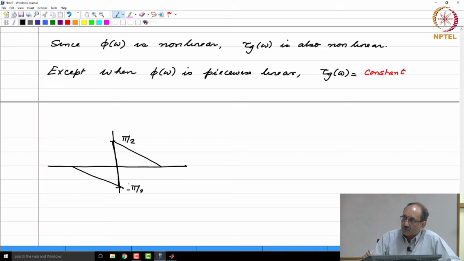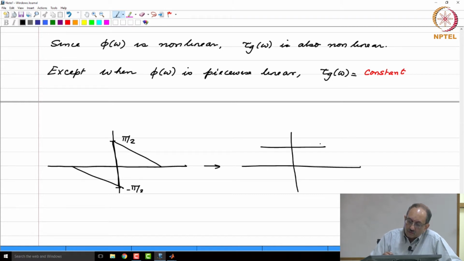But even in this representation, if you differentiate this, this will give you a constant group delay, but at this point at omega equal to 0, you will have an impulse because of this discontinuity, and this might cause some worry, saying, well, there is an impulsive component to the derivative, but note that at this frequency value at omega equal to 0, because the 0 is on the unit circle, the magnitude response goes to 0.